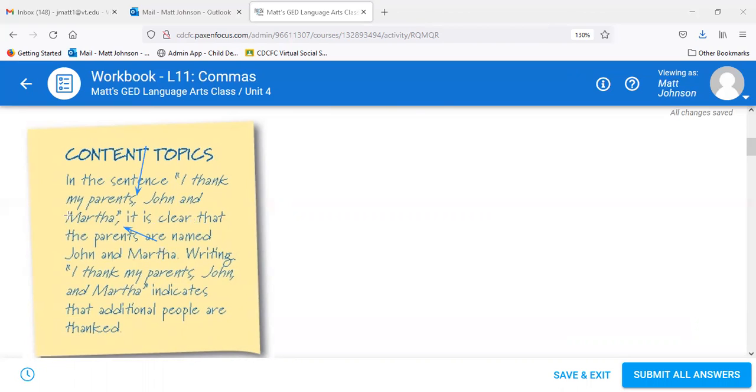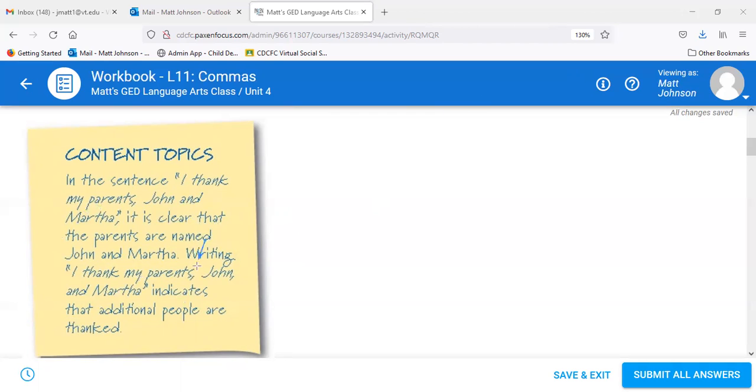The point being, though, by separating it this way, we see that it's indicating that they're his parents or her parents. If we separate it in a series, it's going to change the meaning. So if we said, I thank my parents, John and Martha, this indicates that we're talking about more than two people because of the position of the commas.